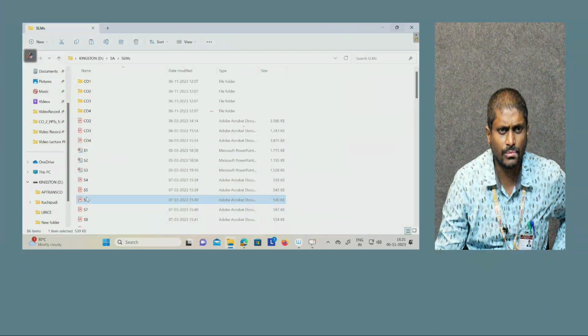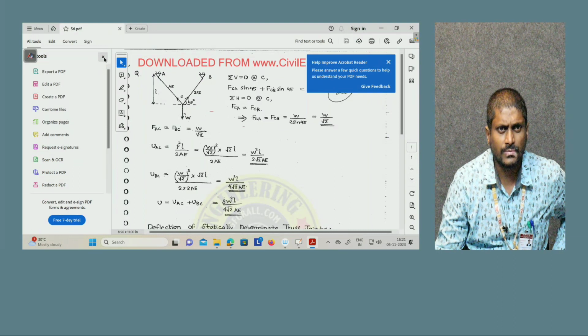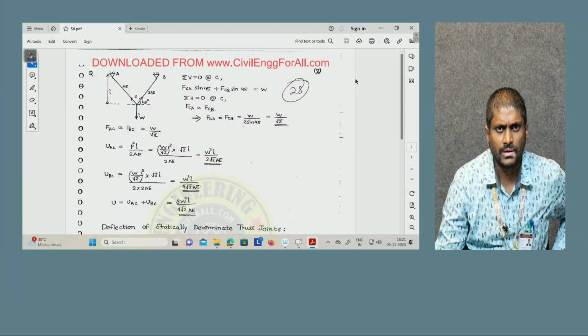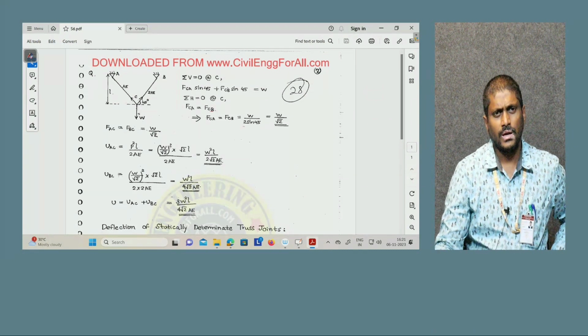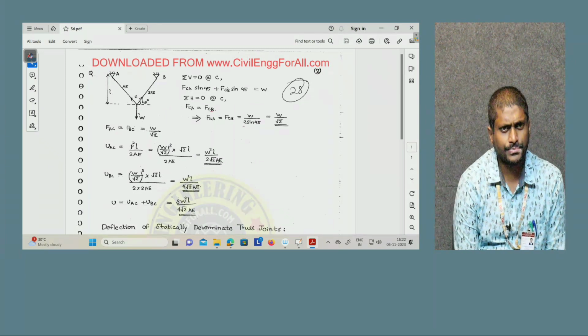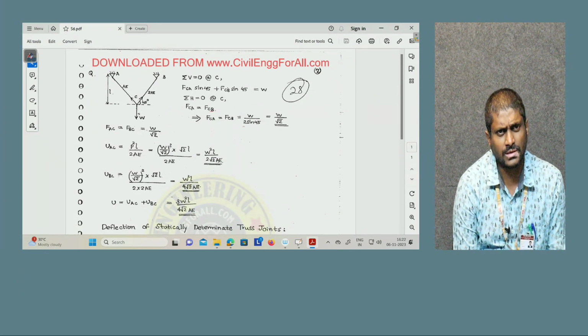Then let me open another document that is talking about another example, having two ropes connected to one load, that is W, at an angle of 45 degrees from the horizontal.